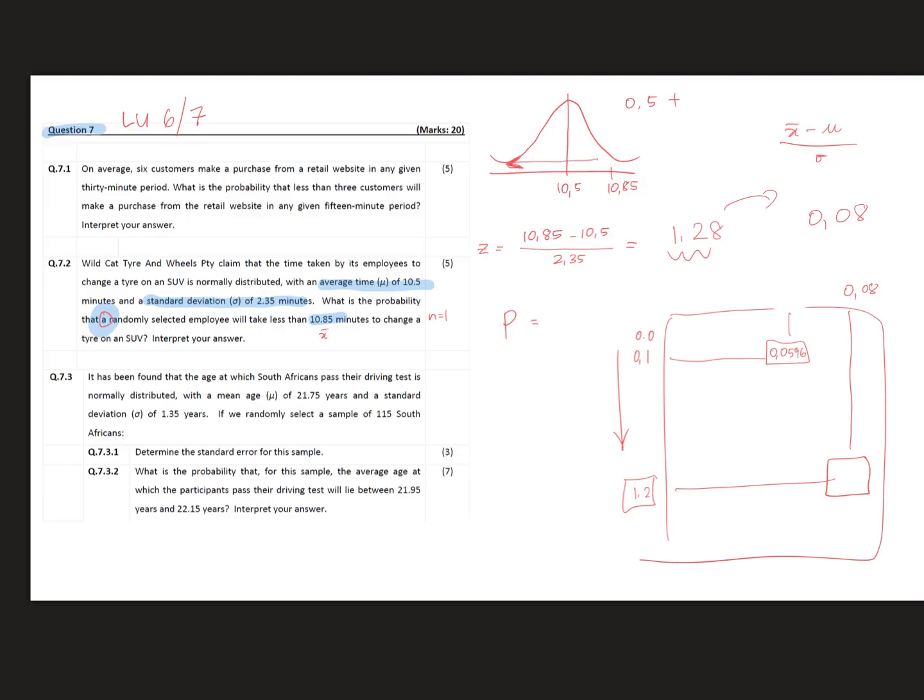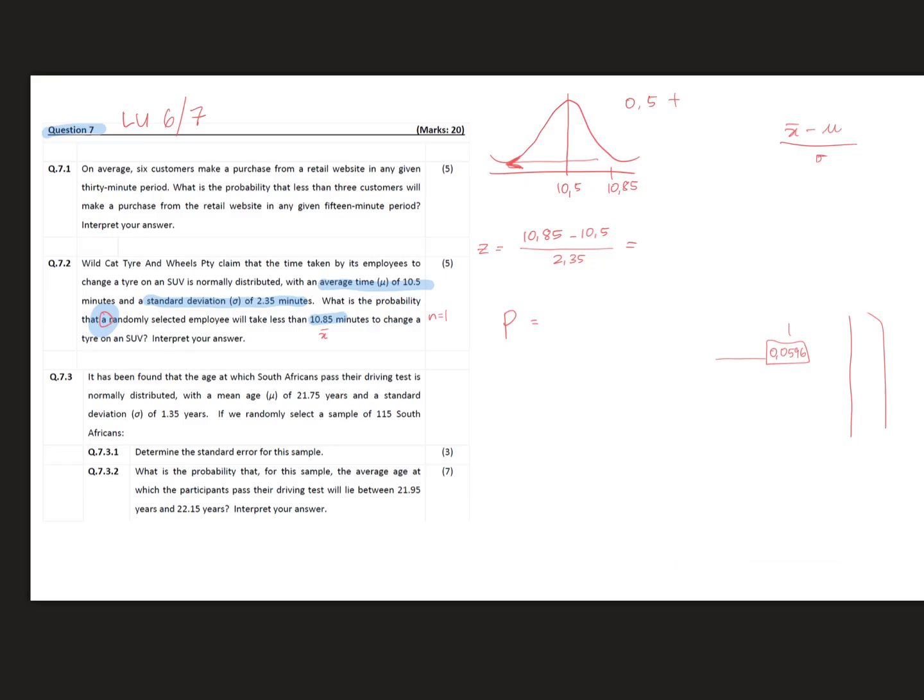All right, so I'm just going to remove this. Just remember the 0.0596, and I'm going to write that down here. So 0.15 was this 0.0596.